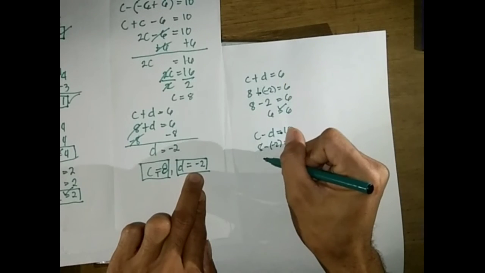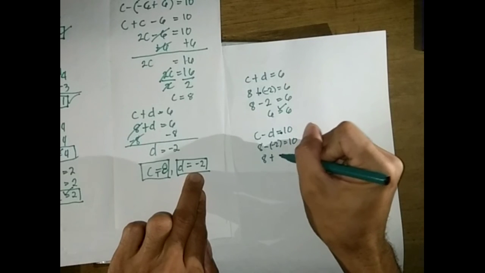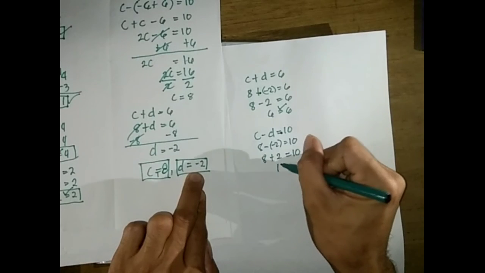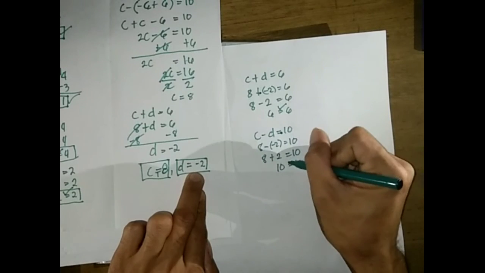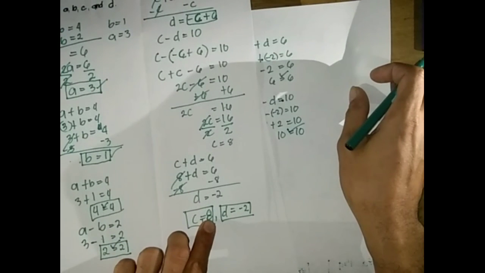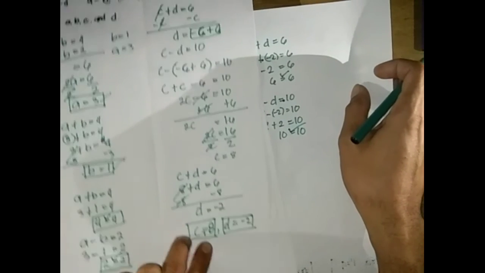Okay. So 8, negative times negative 2 is equal to positive 2. 8 plus 2 is equal to 10. So as you can see, they are equal, meaning 8 as the value of C and negative 2 as D is correct.